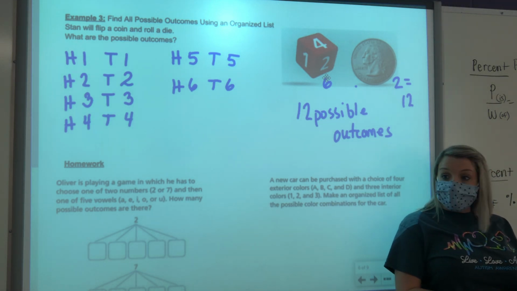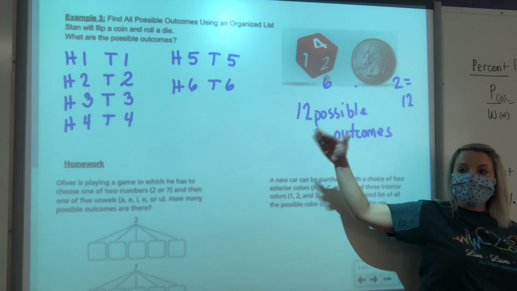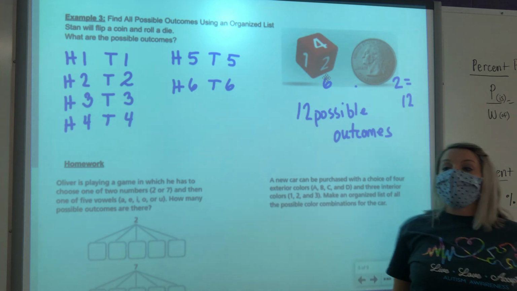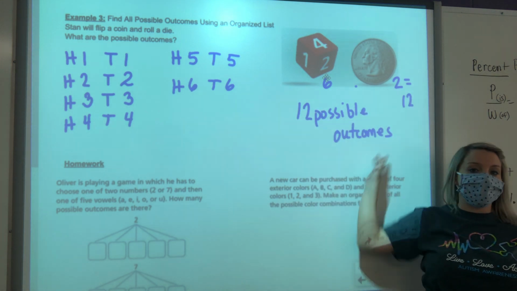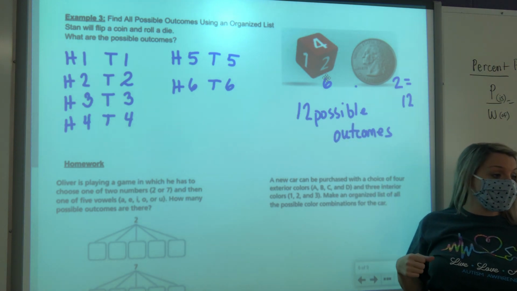So again, tree diagram, table, or an organized list helps us to list the possible outcomes of the event. We can use the counting principle to determine how many possible outcomes there can be without listing the events.